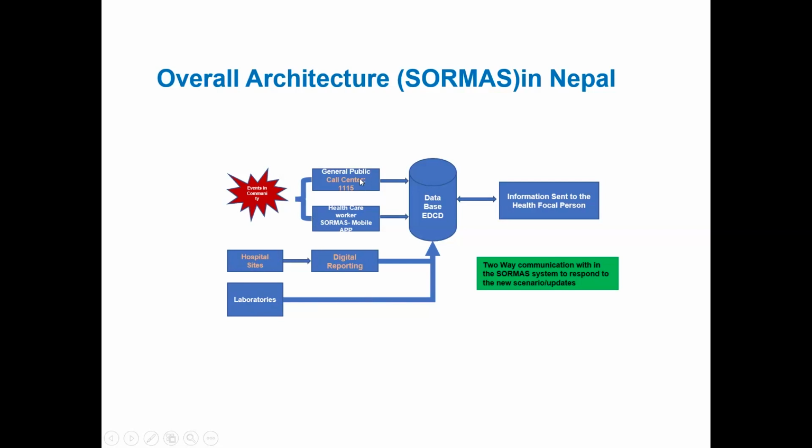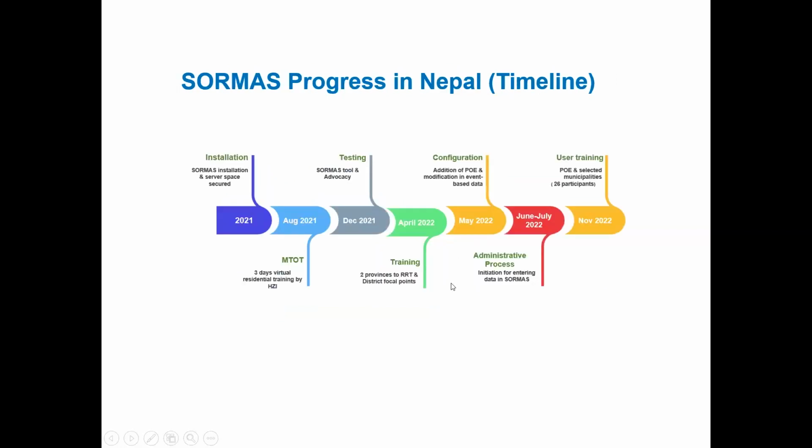And all this information, either through the call center, the health workers who use the SORMAS tool, or the hospital or EWARS site, is reported in the EDCD database, and the information flows to the health focal person at the province and local level. So this is the SORMAS architecture that we have been using.